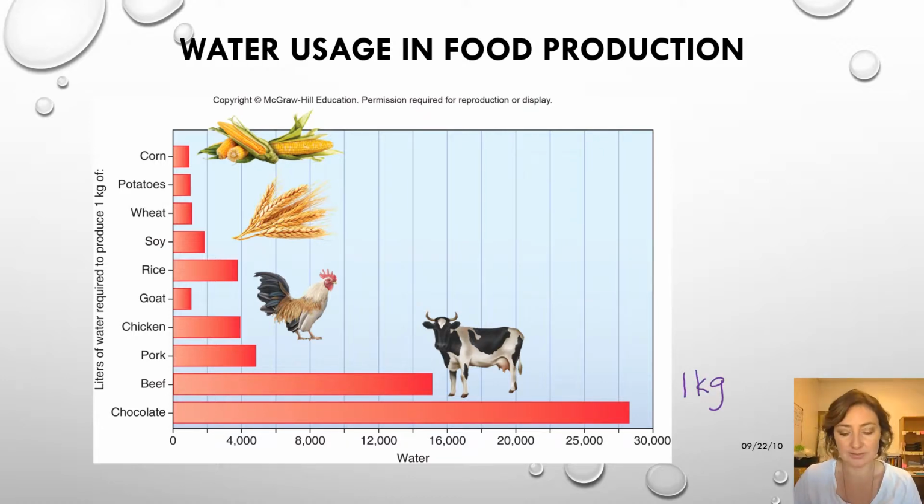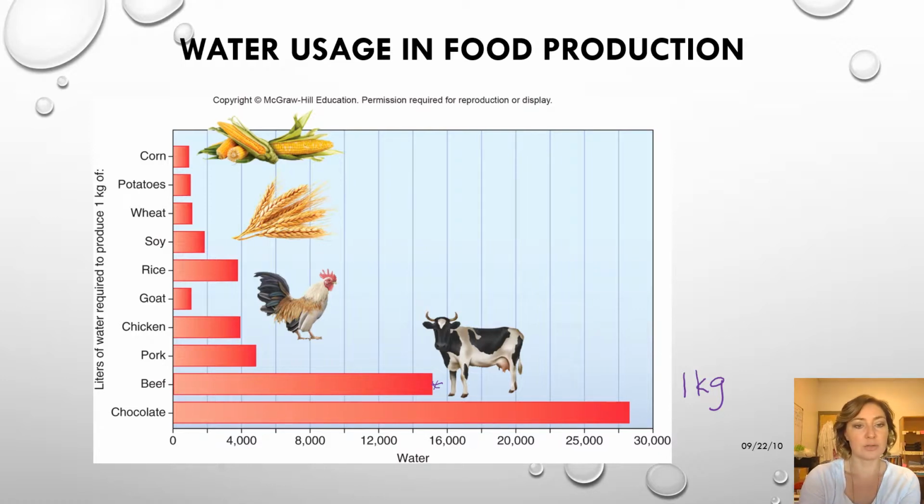So that's your equalizing factor. Again, we said beef takes a lot. We talked about it needing 630 gallons just for a single hamburger, which is quite amazing if you think about all the hamburgers, at least I have eaten over my lifetime, how many gallons of water have gone into that.